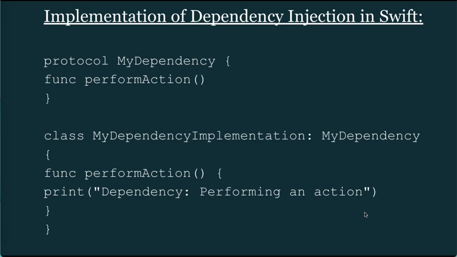Implementing dependency injection in Swift. Now we see an example of how we can implement dependency injection in Swift. We will create a protocol MyDependency and declare a function performAction. After that, class MyDependencyImplementation inherits the MyDependency protocol, with func performAction that prints dependency performing an action.